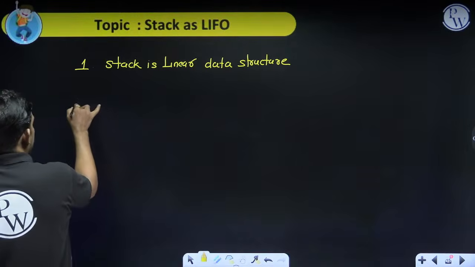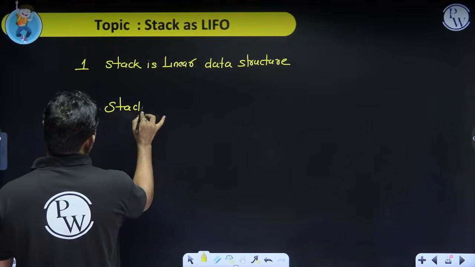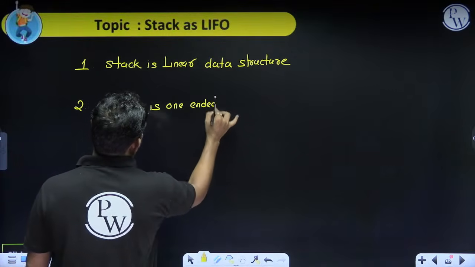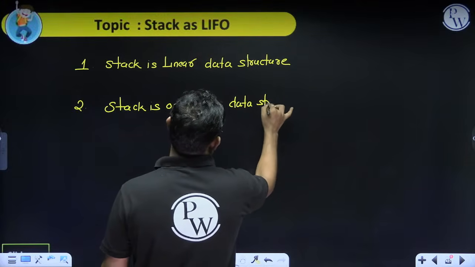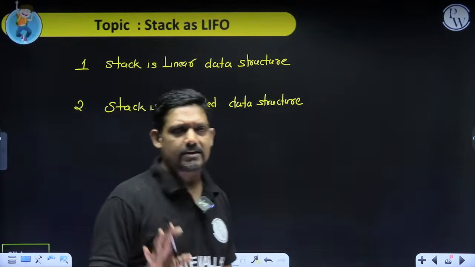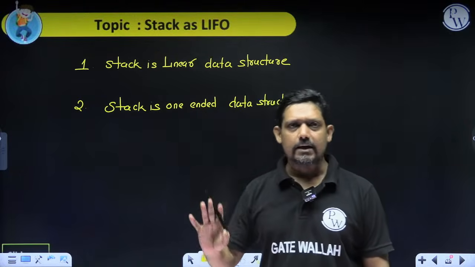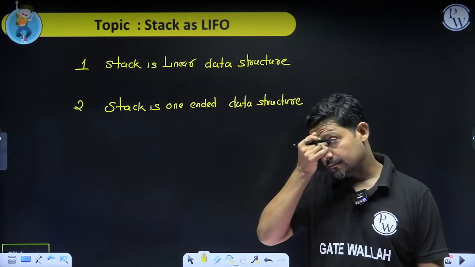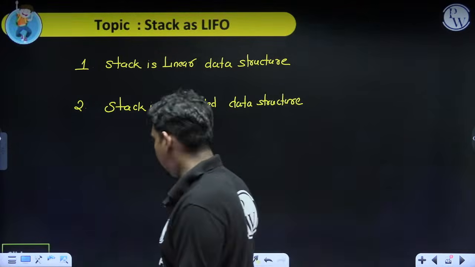Now, the stack is a one-ended data structure. One-ended means that at other places, random access, anywhere I can read, is not allowed. You have only a single end of the data structure, and whatever operations, mainly insert and delete, have to be performed only on that particular end.